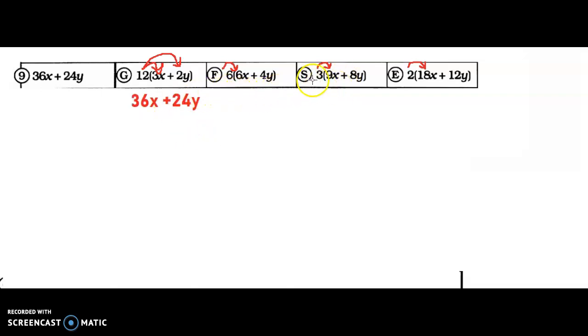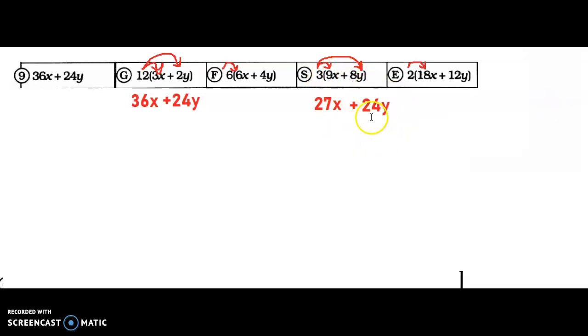But if I go to this one, because I was trying to be quick about it, 3 times 9 equals 27x. Right? And if I distribute the second term, 3 times 8 equals 24, and there's a y next to it, so I need to bring my y out.